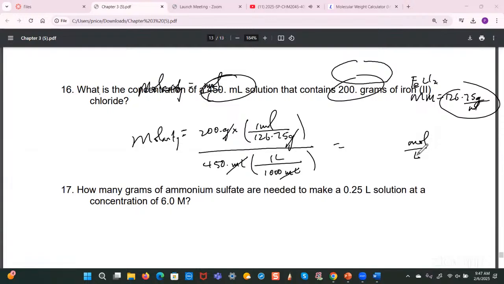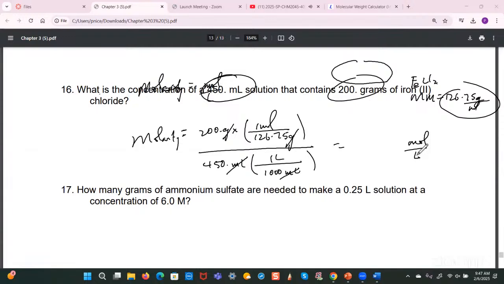So it's all a matter now of doing the math. 200 divided by 126.75 divided by 0.45.